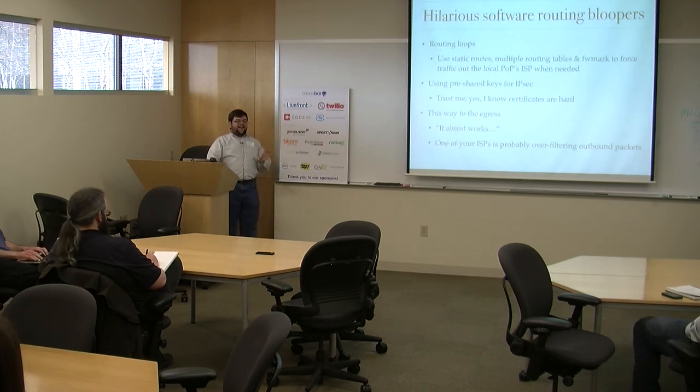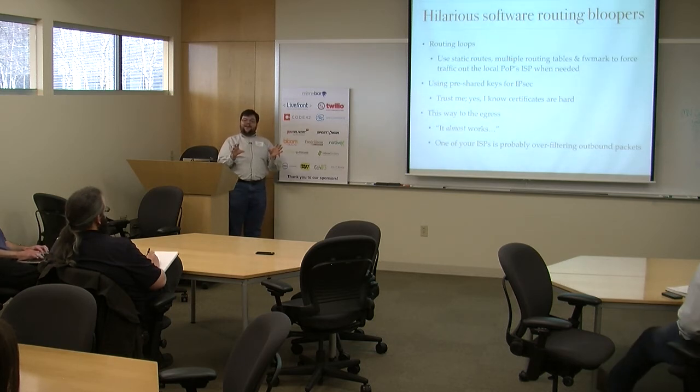And I had an ISP, and this happens especially with VPSs because cheap VPSs are attractive to people who might want to abuse them. A lot of ISPs filter the outgoing traffic from their VPS networks so that only the IPs that should be sending traffic out can send traffic out. Well, I brought my own IPs, and I got everything set up, and it kind of looked like it worked.